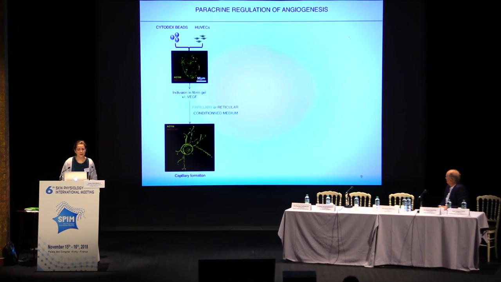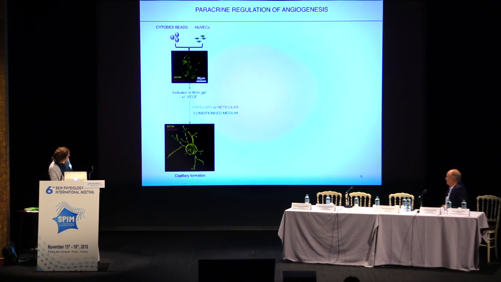Looking at the first model, we wanted to see if papillary and reticular fibroblasts secrete distinct factors that could differentially regulate capillary formation in 3D. To do so, we use dextran beads that are coated with gelatin, and we cover them with primary endothelial cells from umbilical cords called HUVEC.